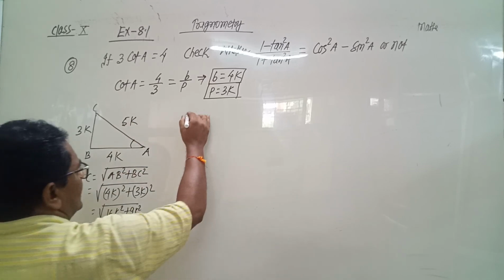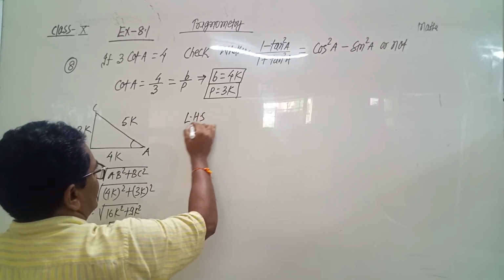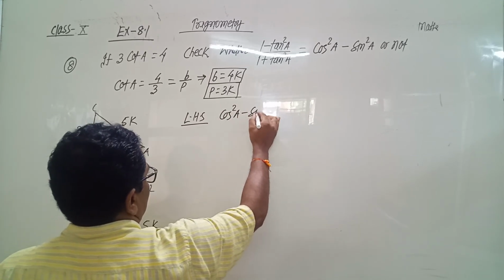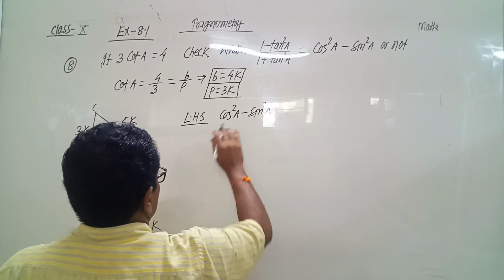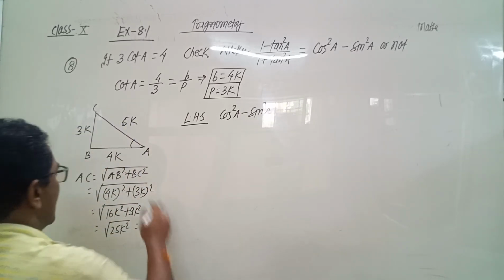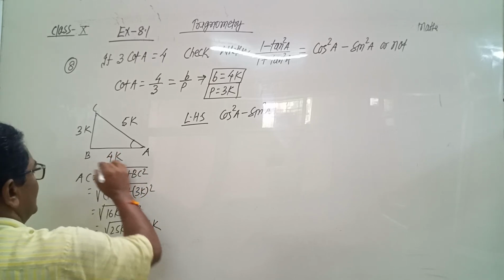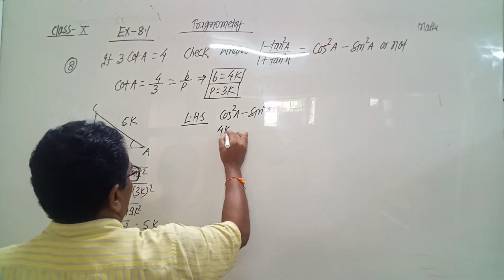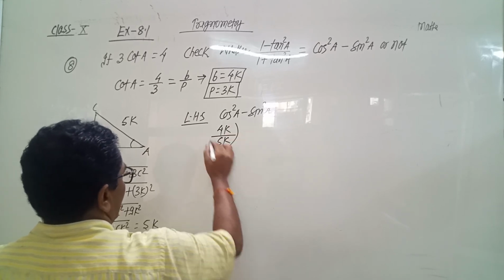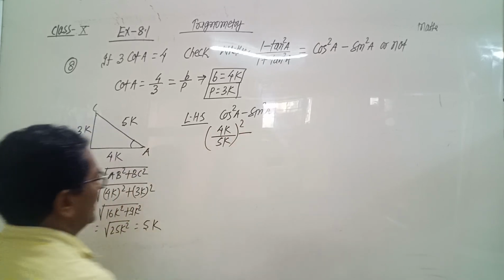Now solve RHS. RHS is cos square A minus sin square A. Cos means base upon hypotenuse. So base is 4k and hypotenuse is 5k, so 4k upon 5k the whole square.